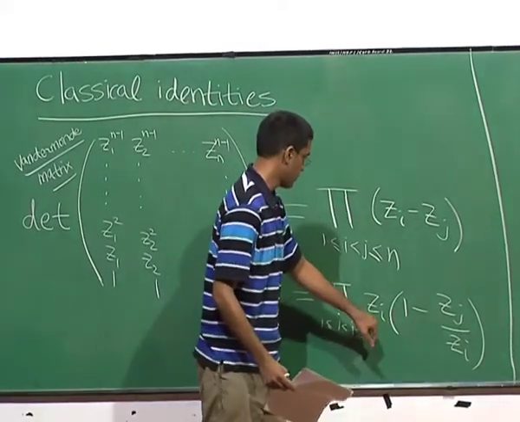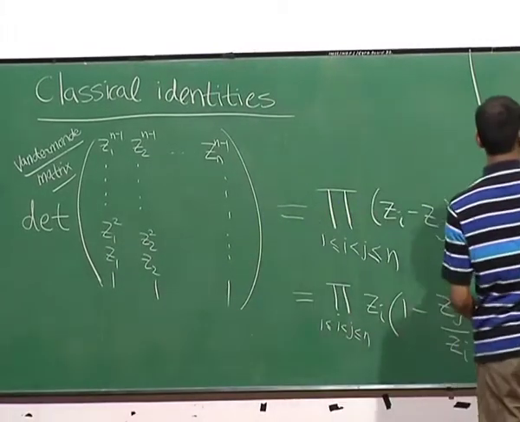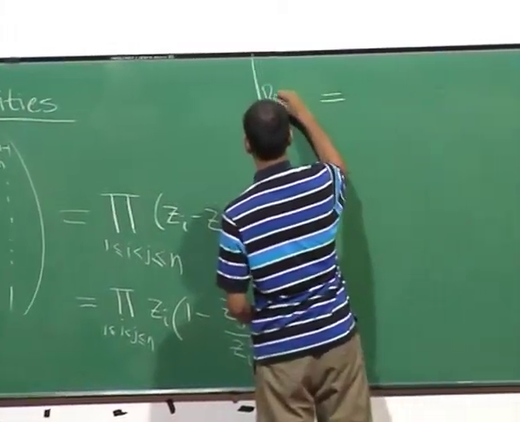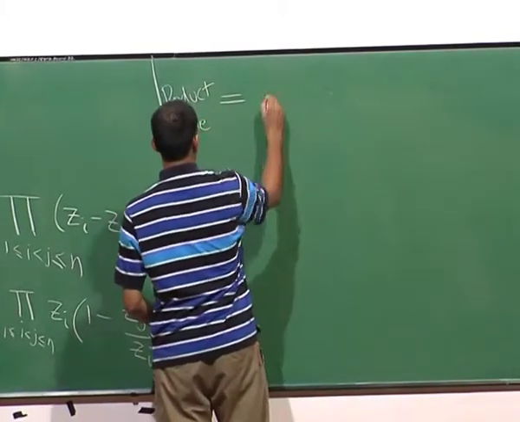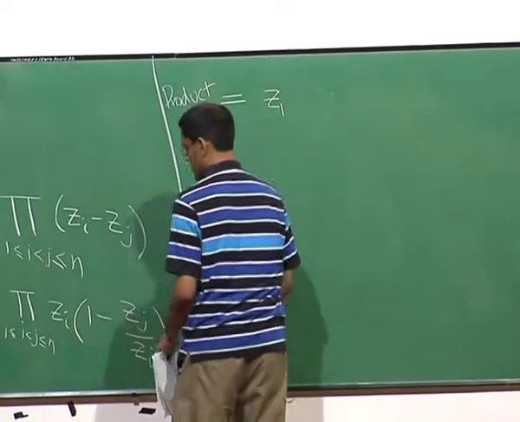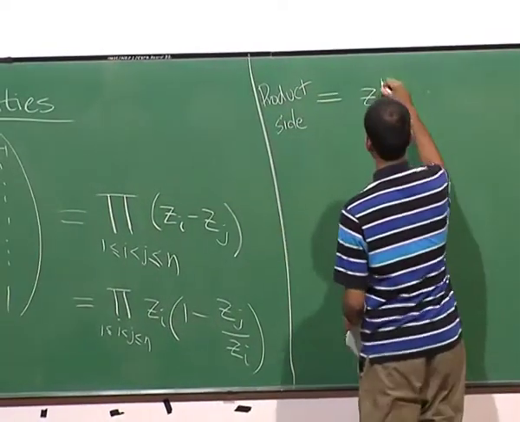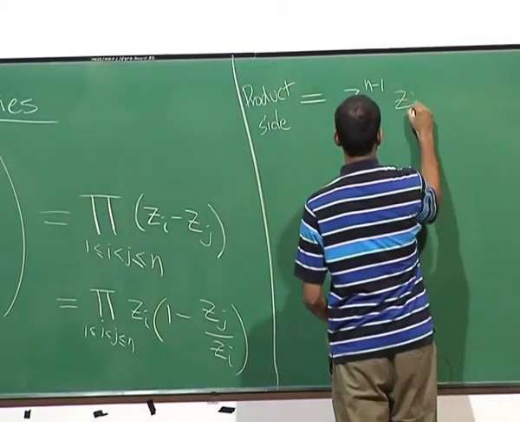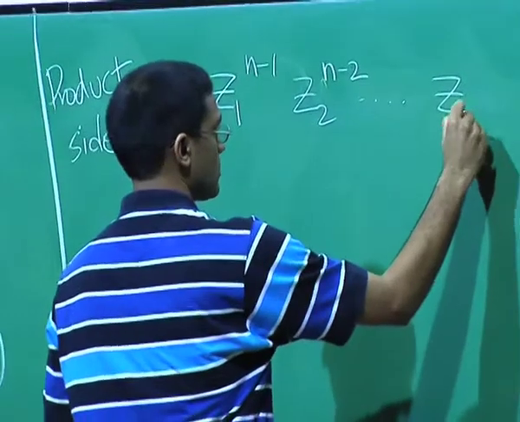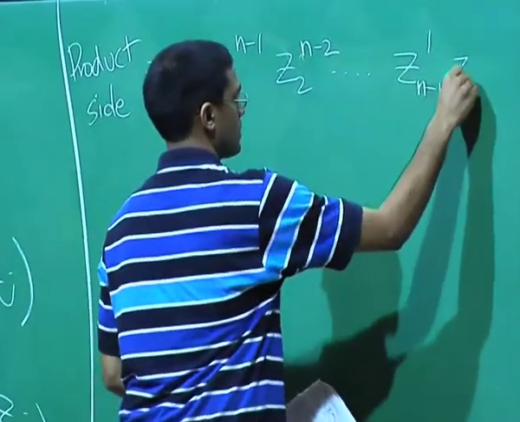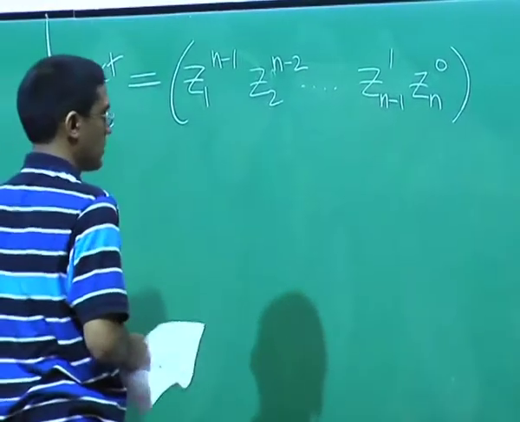If you finally work out what powers of zi you get, so I'm now working with the product side of the identity, notice there will be n minus 1 terms in which the z1 occurs in the first term. So it's z1 to the n minus 1, z2 to the n minus 2, up to zn minus 1 to the 1, zn to the 0.